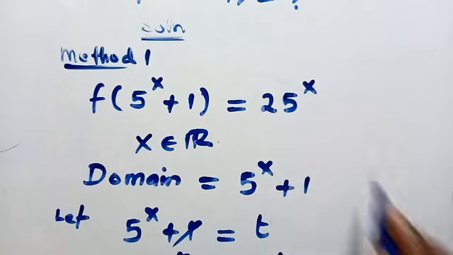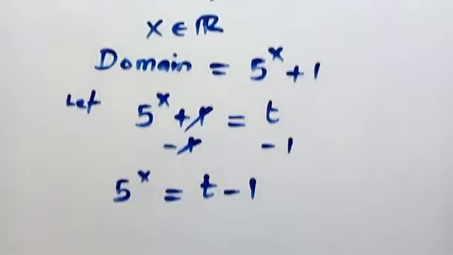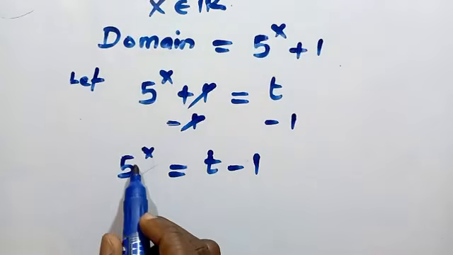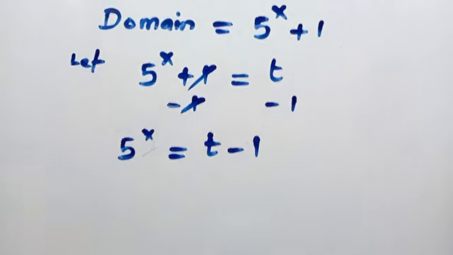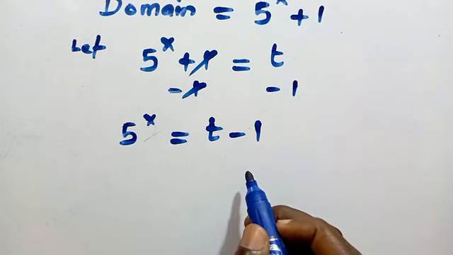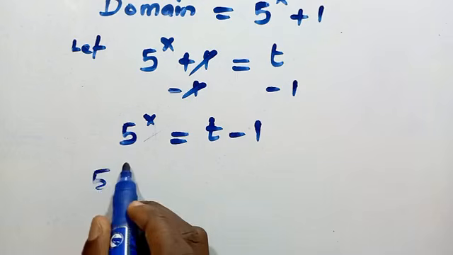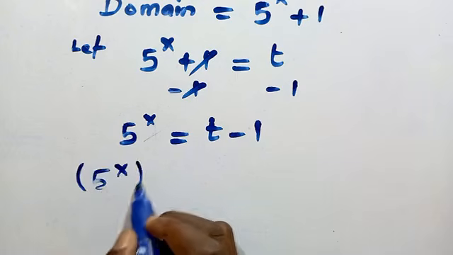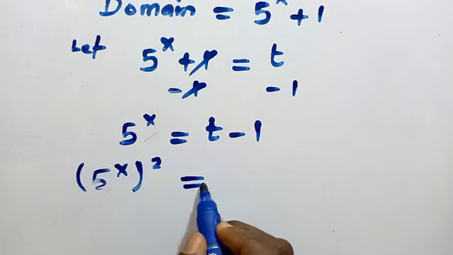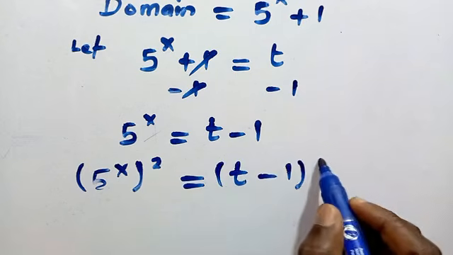As for the right hand side, we have 25 power of x. I want to have something of that here. We have only 5 power x, so to get 25 power x, let's square both sides. By squaring both sides, we have 5 power x, all to the power of 2, equals t minus 1 to the power of 2.